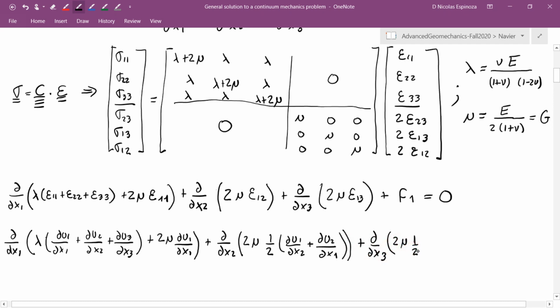And this is going to be now with respect to direction 3. Okay, I believe I have almost everything. I just need to add the body force in direction 1, and this is going to be equal to 0.